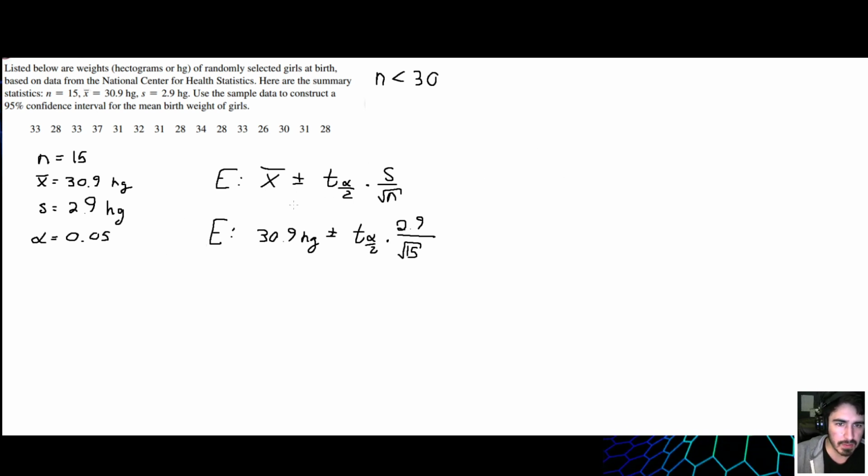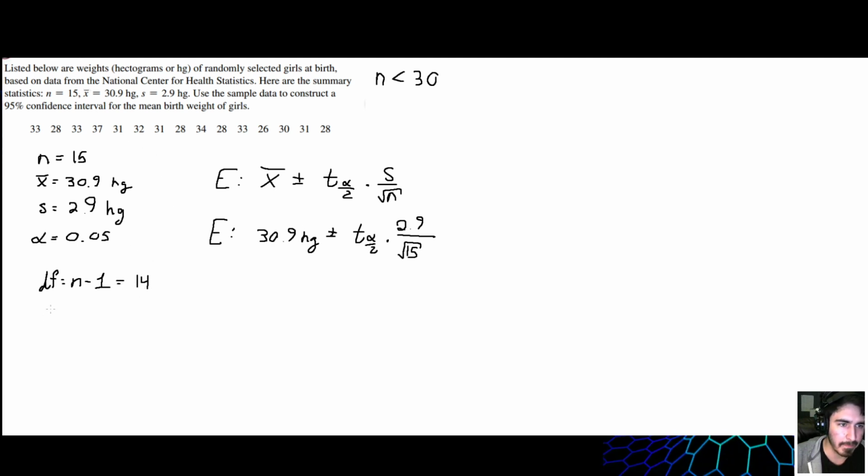So the first thing that we're going to want to do is find our critical t-value. And to do that, we are going to need to first identify our degrees of freedom. So in this case, our degree of freedom is going to be n minus 1, which is going to be 15 minus 1, or 14.